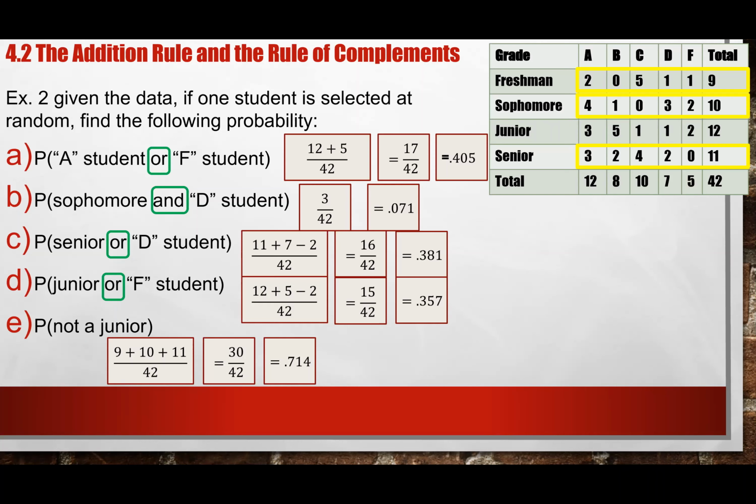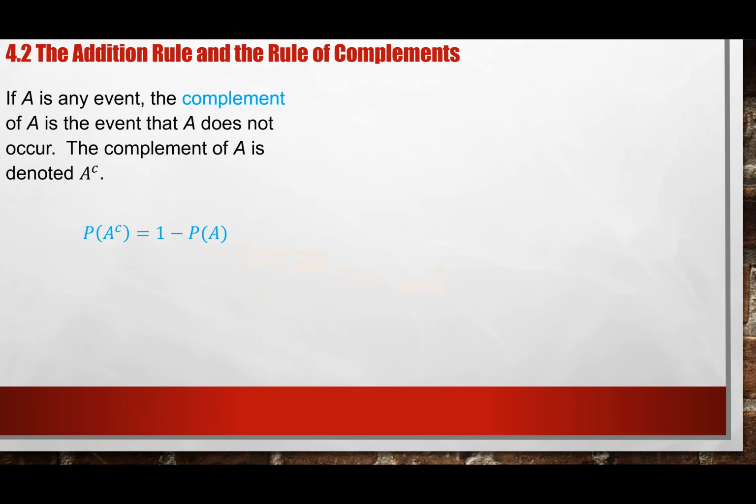Now the last thing that we have is the complement event. If A is an event, the complement of A is the opposite of A, or not A, which is basically what is left over.